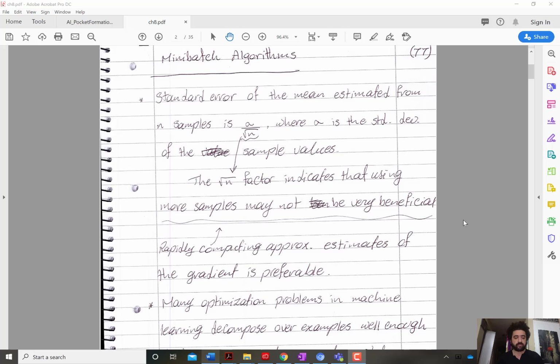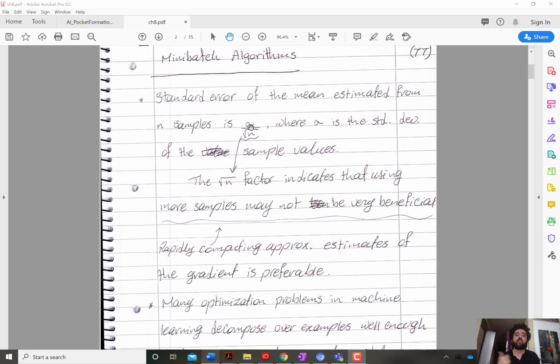The second reason is that this iterative procedure of computing parameter updates can be very beneficial. My training set could contain redundancies. When I include a lot of examples, these examples might not add anything. The square root n result assumes that the training examples are independent. But if there are redundancies in this data, then these examples are not adding anything. It's just more computation.